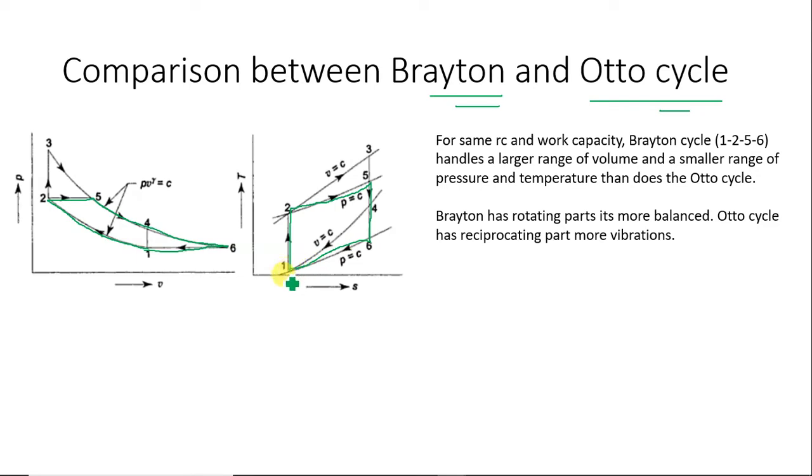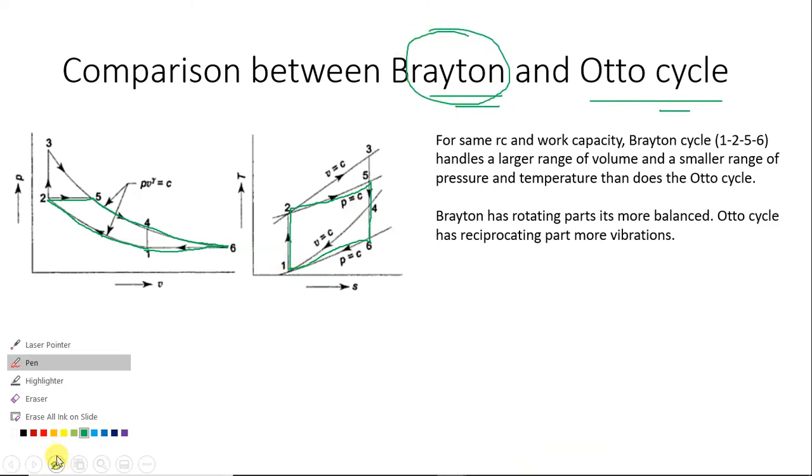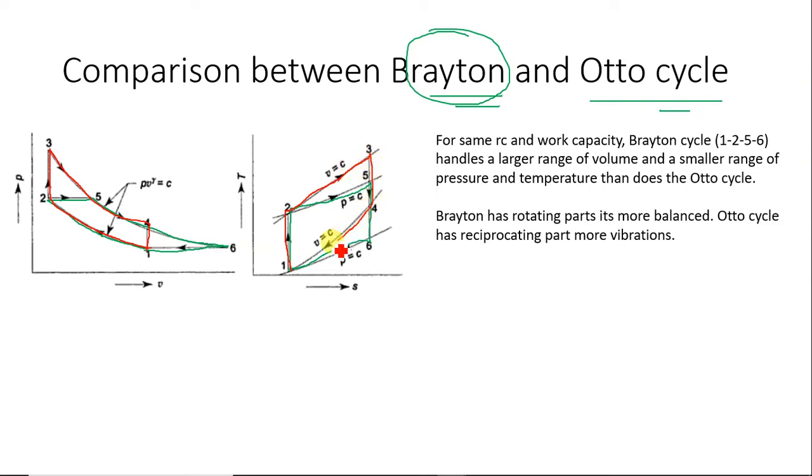This is the Brayton cycle shown by green color. Then the Otto cycle: 1 to 2, then constant volume heat addition, then isentropic expansion, and then constant volume heat rejection. Here 1 to 2, 2 to 3, 3 to 4 and 4 to 1. This is the Otto cycle, shown by red color.